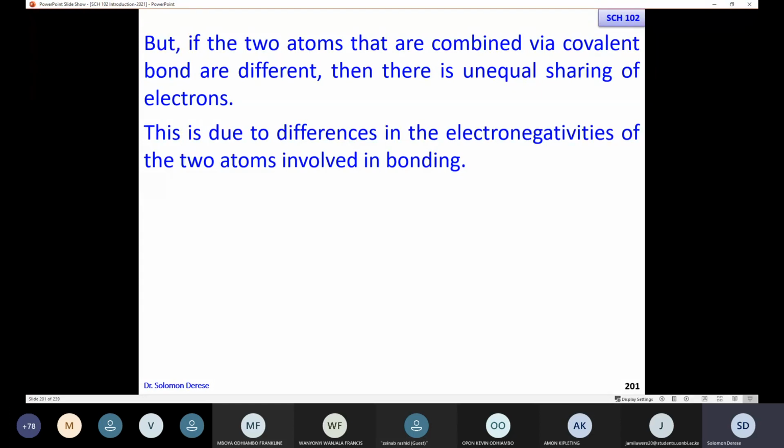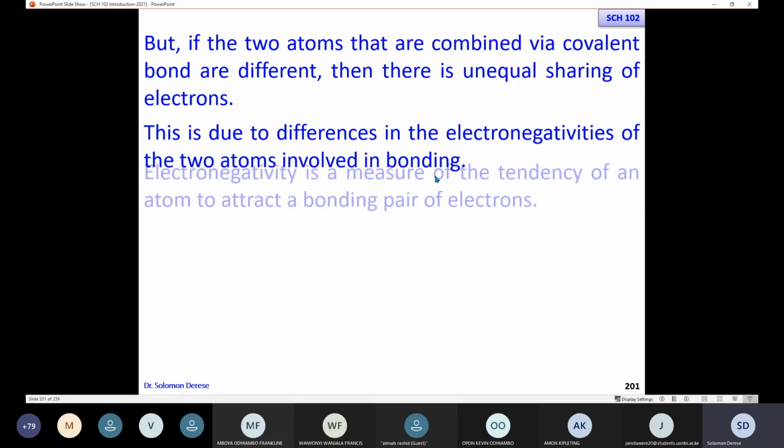So the reason why the electrons of the bond between two different elements are not going to be shared equally is because the two elements have differences in terms of their electronegativities. One of the elements has a higher electronegativity than the other.